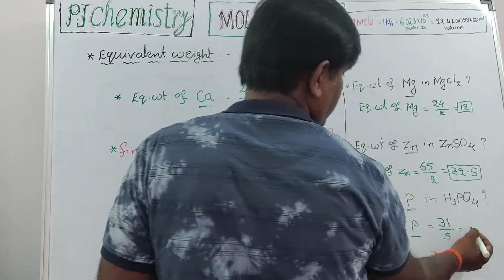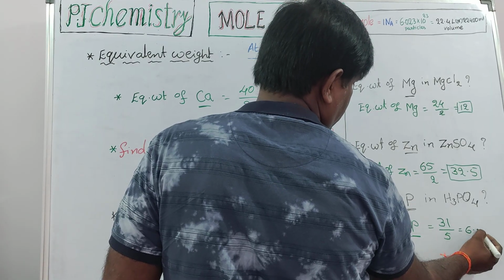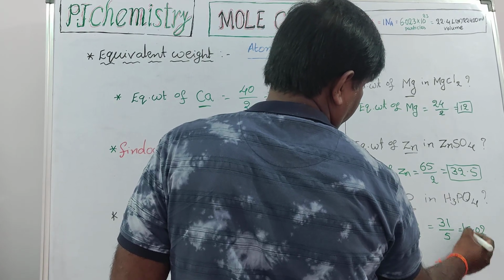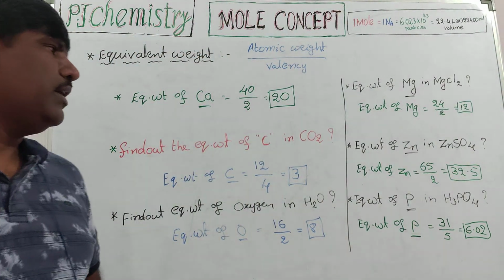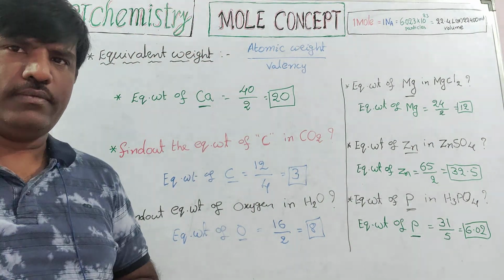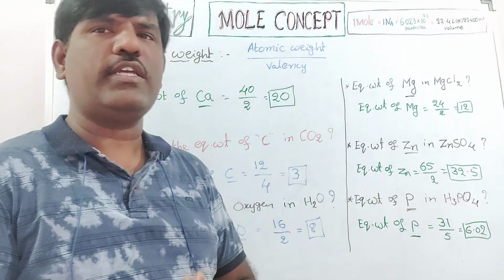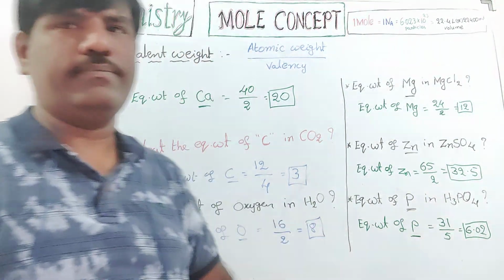So how much will you get? 6.2. This is the equivalent weight of phosphorus in H3PO4. Phosphorus exhibits variable valency, 3 and 5. In H3PO4 it exhibits valency 5, so that is what we considered.